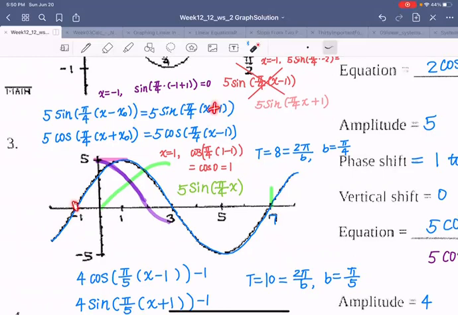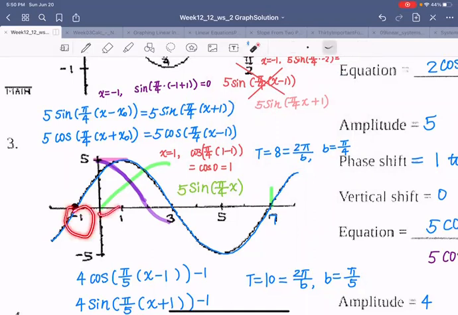If I choose +1 here, your x is -1, y equals 0. My graph is exactly over here. This point is -1, 0.